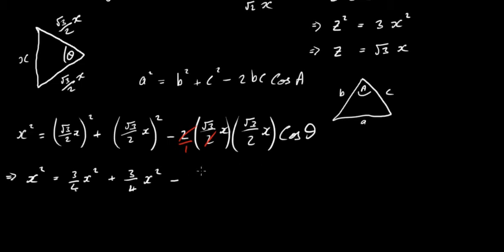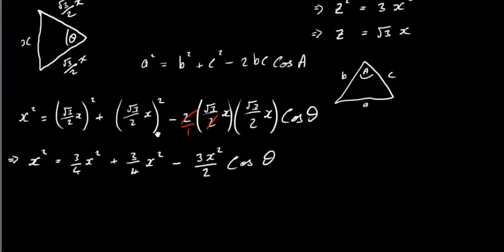So that will give us 3x squared. That's on the top. And on the bottom we've got 1 times 2. So that's just 2 here on the bottom. And then we have our cos theta as well. Okay. Now let's keep going.